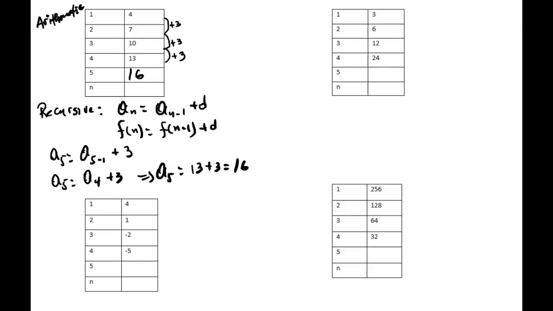So that's how we find the next term using the recursive formula. But if I ask you to find the 100th term, or the 50th term, or even the 20th term of that sequence, you would eventually find it using the recursive formula, but it will take you a long way.